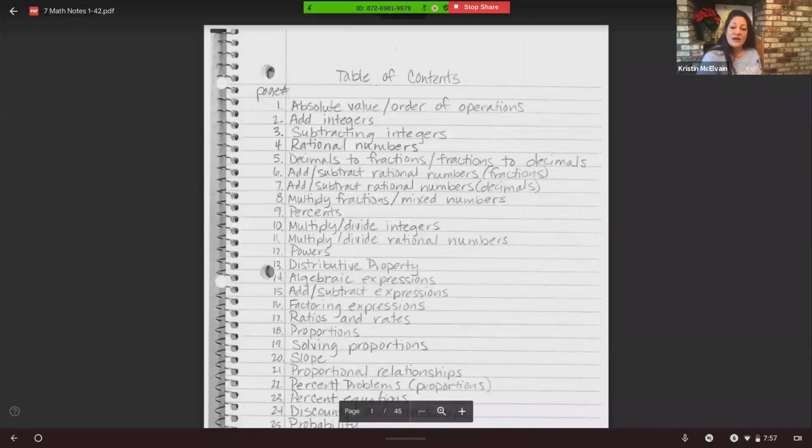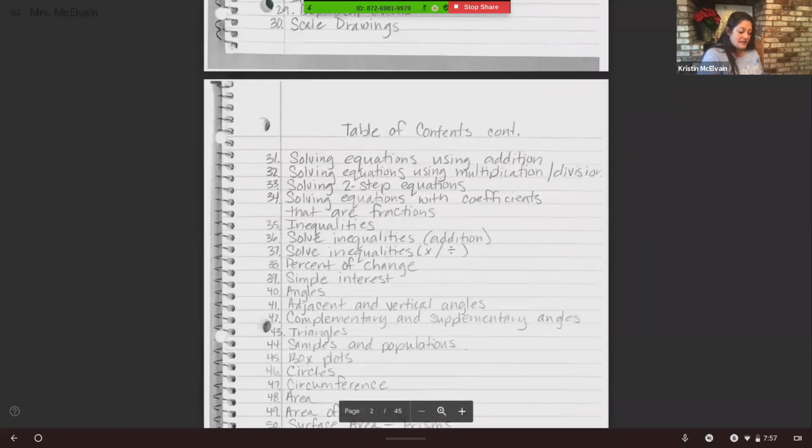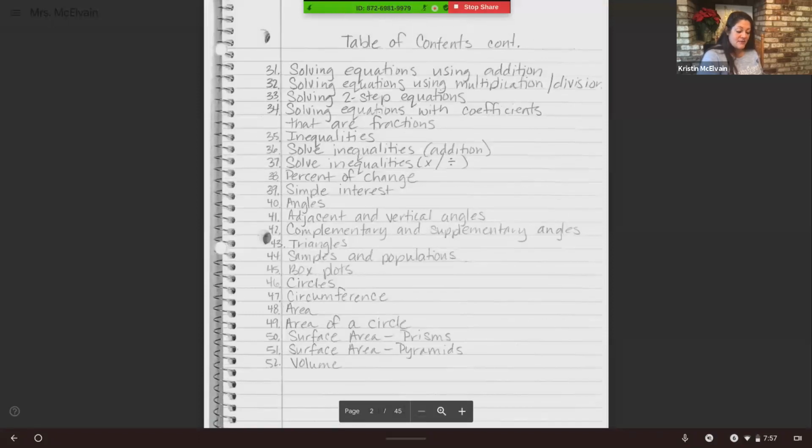And so in one document, you have all of your notes here if you need to finish any or get caught up if you were absent. So your table of contents also, that's page 1. And I did the second page up through the end, so you can actually complete your table of contents now. And we will have 7 more tomorrow, and then 3 more the following week, and you'll be all done.